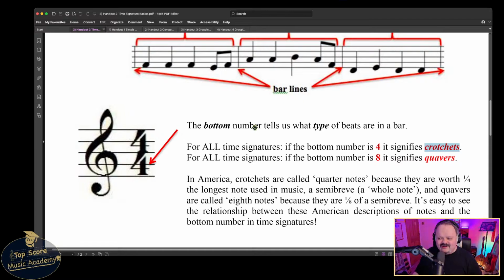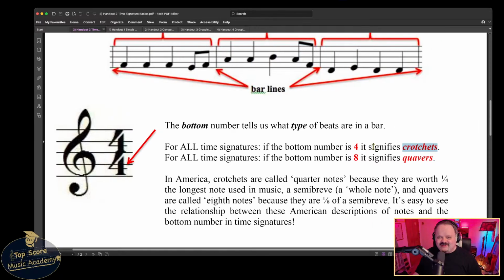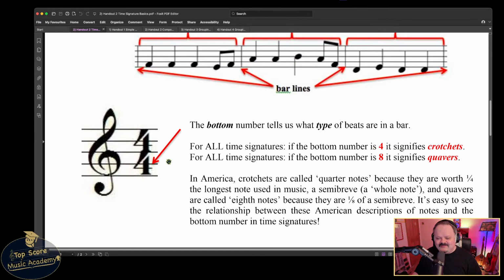A lot of young students, especially very young students, will ask me, why is a crotchet worth 4? Who decided that? And then you have to tell them, well, it's because it's worth a quarter of the longest note that we use, which is the semibreve. And then you start getting into murky territory. That still doesn't answer the question about who decided the crotchet is equal to 4.